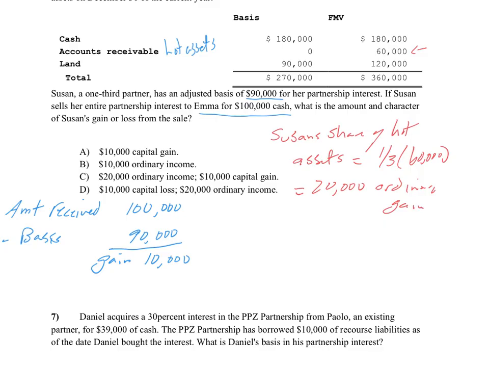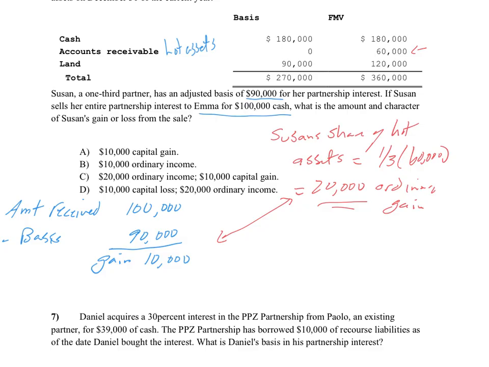But when you're looking at this, what do you notice? She only got a $10,000 gain and she has a $20,000 ordinary gain. That seems really odd. Here is an interesting situation. She has to recognize her share of ordinary income, so she has a $20,000 ordinary gain, but the total gain is only $10,000.